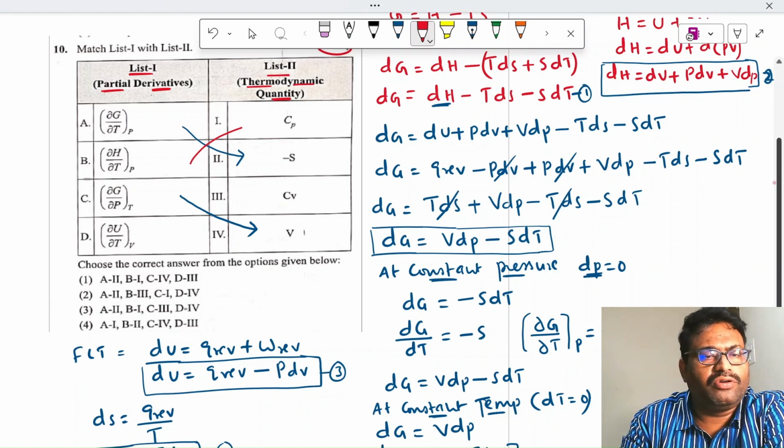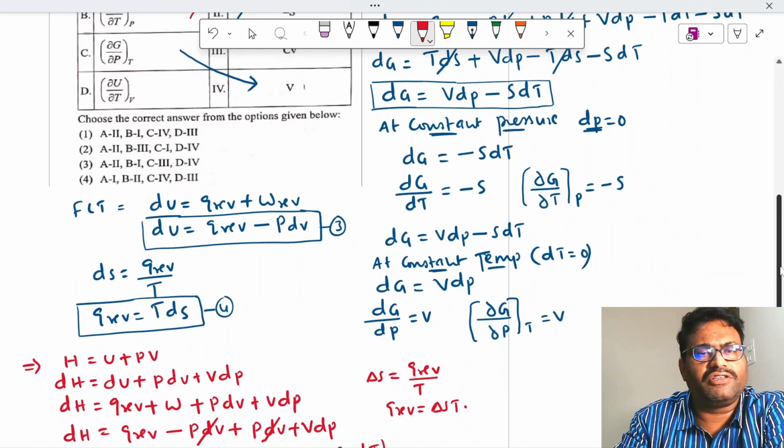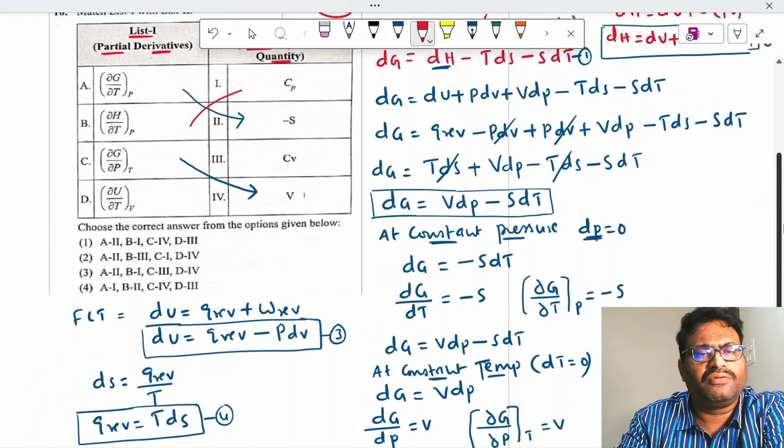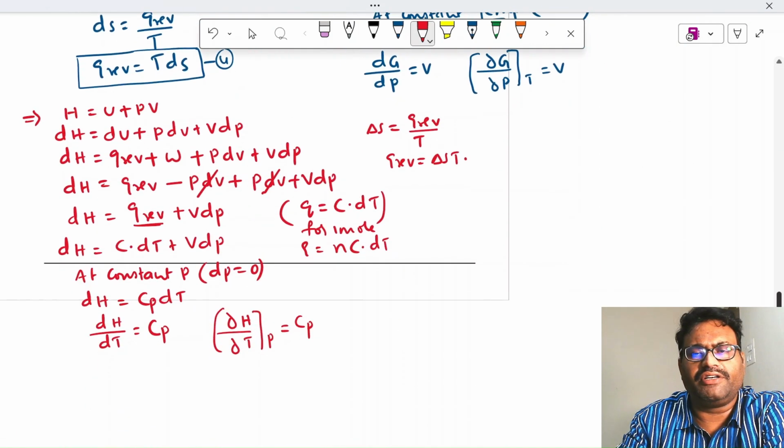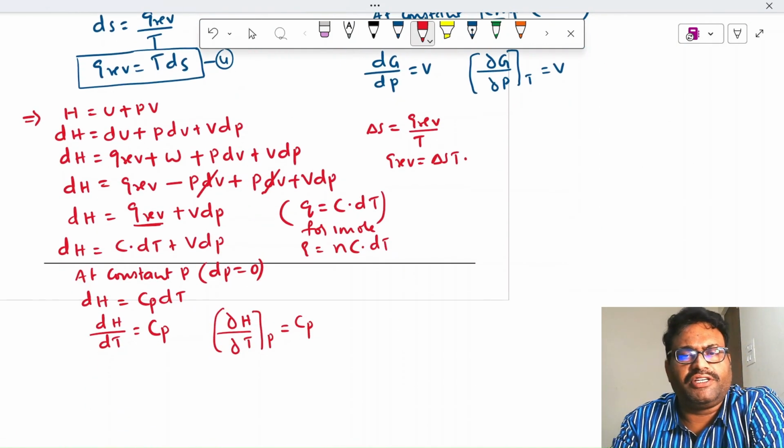Then we have to know the other one, del U by del T at constant volume is equal to Cv. You have to derive that, right? So let us see.